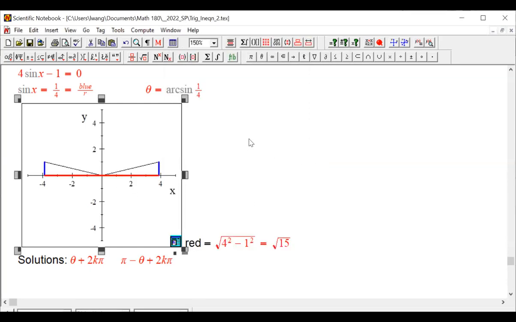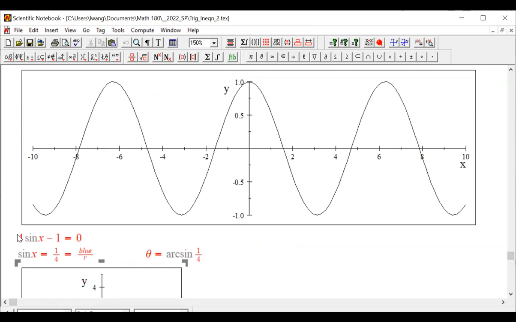Blue and red. Okay, so what is the angle? The angle theta is right here. This is the angle theta. So we have 2 forms of solution. We have many, many solutions, okay? And the k, of course, are integers. So these are the places where 4 times sine x minus 1 changes sign.